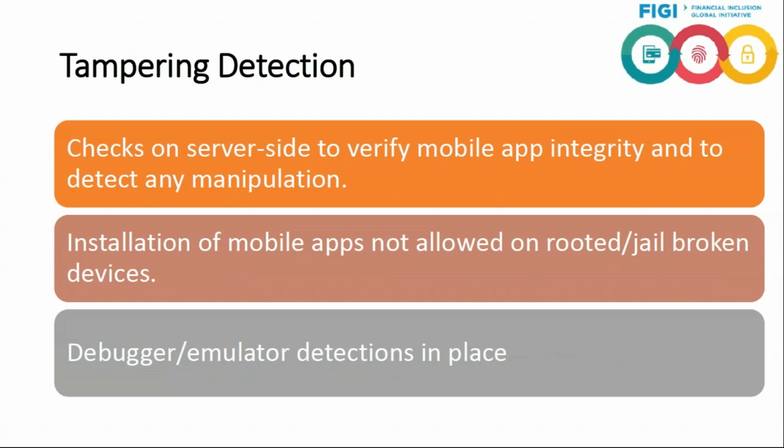Tampering detection. When you launch an app on your mobile phone, it would do some basic integrity checks before linking with the server to detect any manipulations, because this addresses the security of your device.